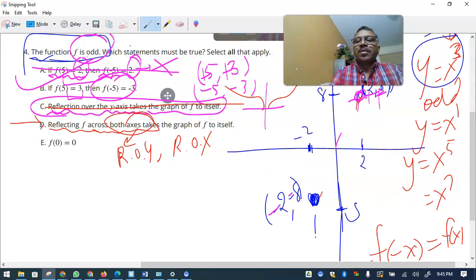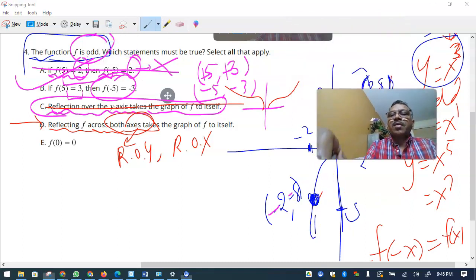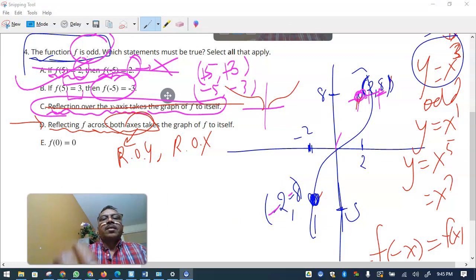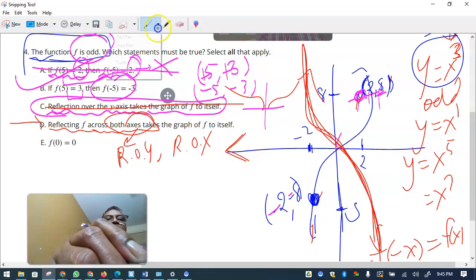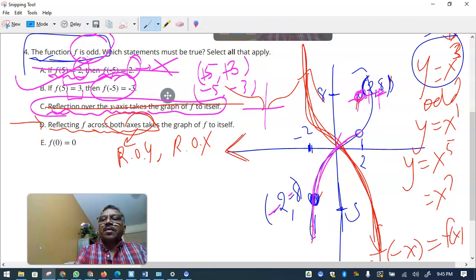It goes like this. So first you reflect over the y-axis, and then you reflect this graph over the x-axis. So it will exactly match this path. It matches. So that's correct.